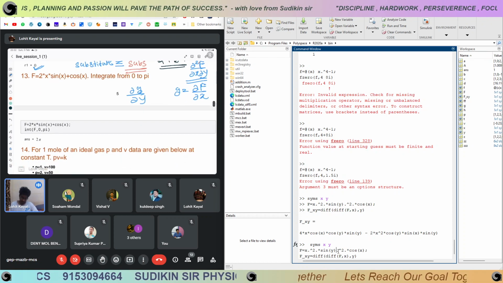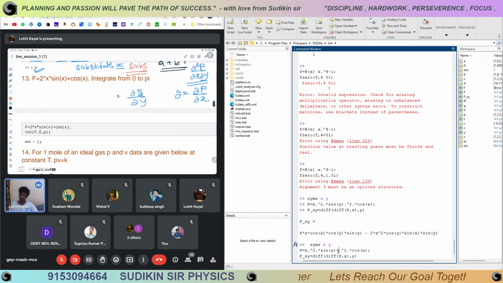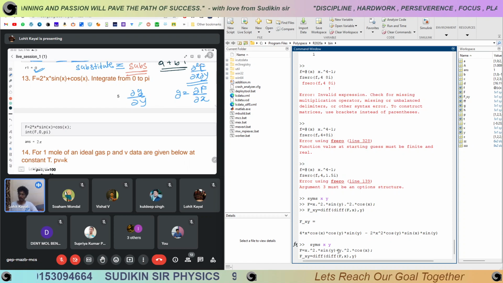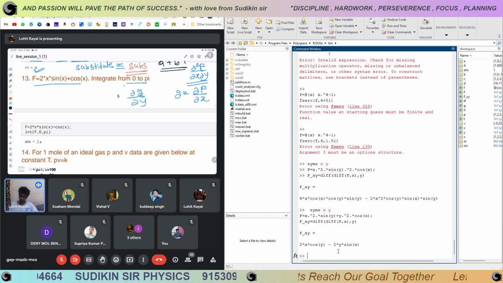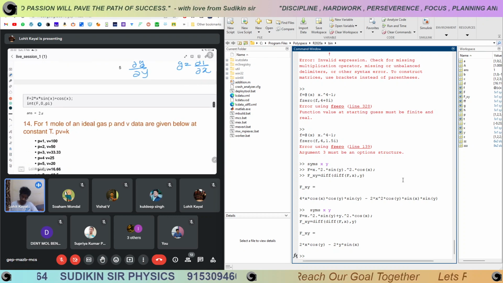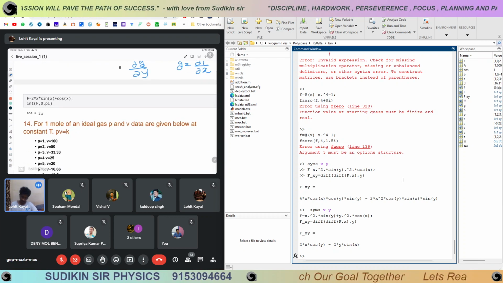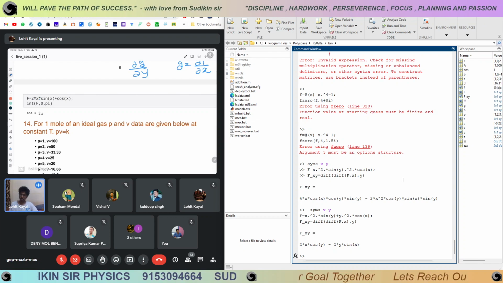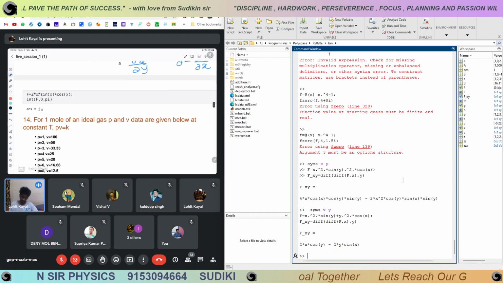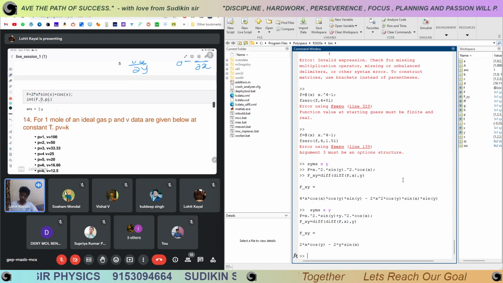Now again the same thing I am doing. So we have already learned how to integrate. f equal to 2x sin x plus cos x, integrate from 0 to pi. So f equal to x sin x plus cos x, you can always put dot star like that, and int f, 0 comma pi, and it will give you the result.